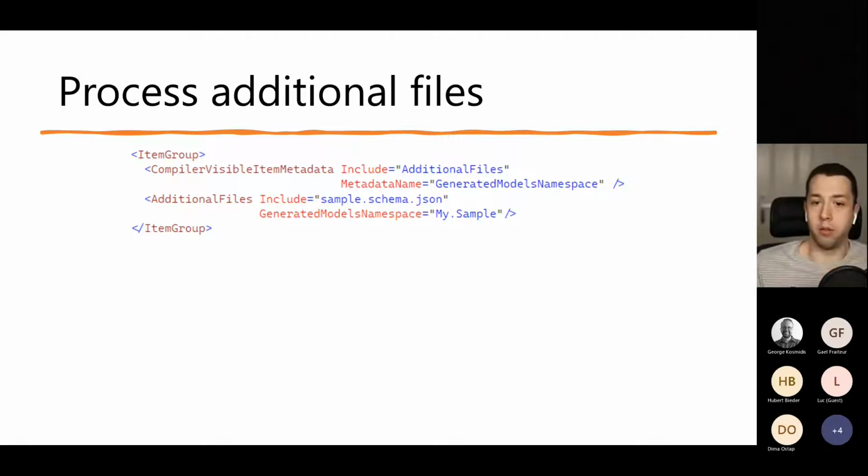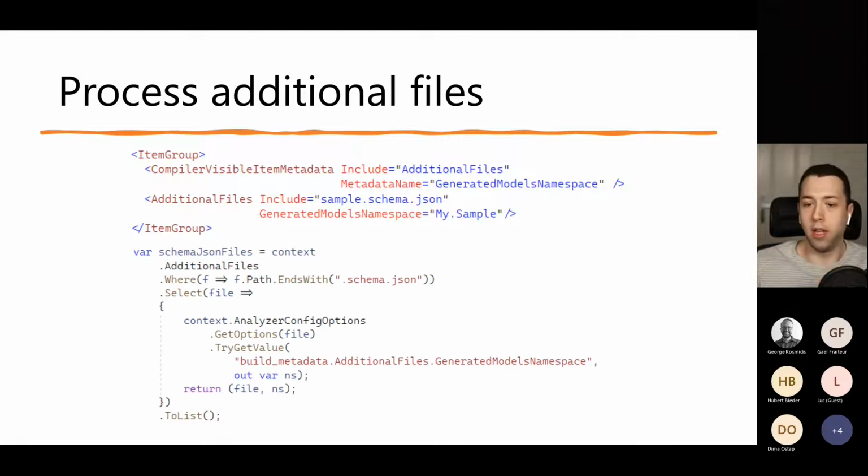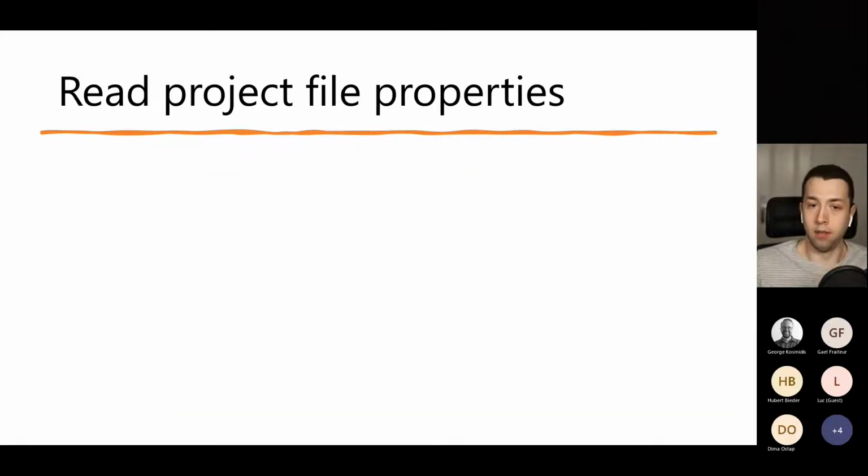So I could define my own metadata, generated models namespace, and tell the compiler through this CompilerVisibleItemMetadata item, yeah, I also want that to be visible to the compiler. And then I can have a look at that in my analyzer using these analyzer config options where I can read that metadata out again.